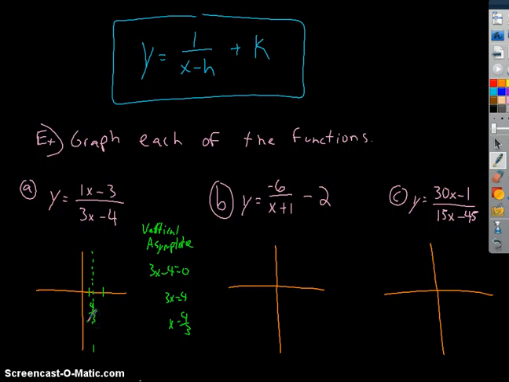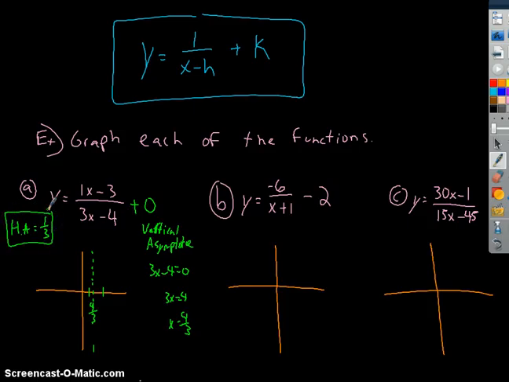We also have a horizontal asymptote. In this case, it isn't 0. If you notice, I can have plus 0 on the end there, but that really isn't the case this time. The reason why is, in this case, I have an x in the denominator and an x in the numerator. Because of that, my horizontal asymptote is going to be the leading coefficients divided by each other. So my horizontal asymptote, call it HA, is 1 divided by 3.